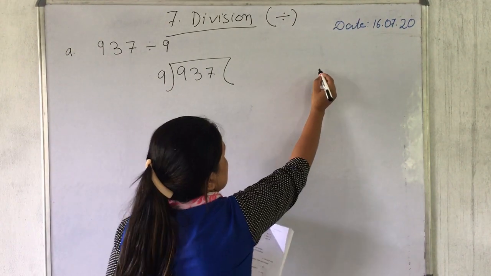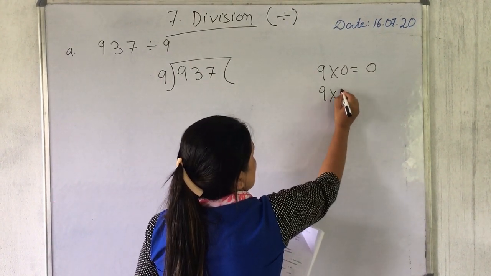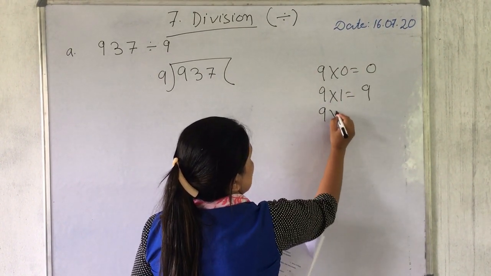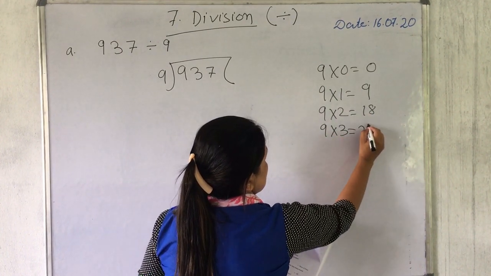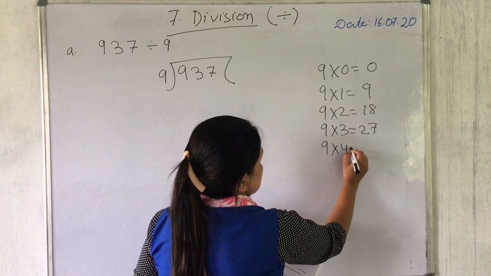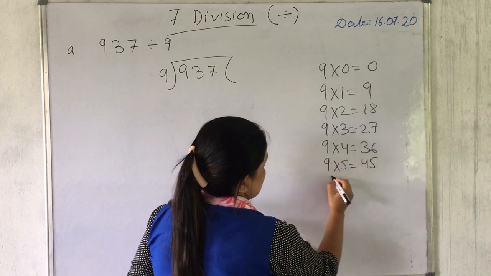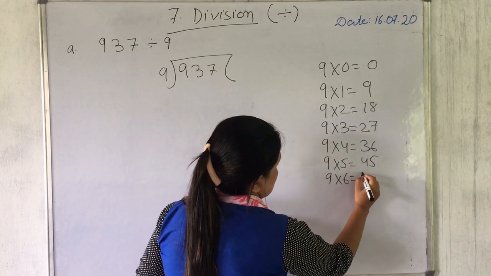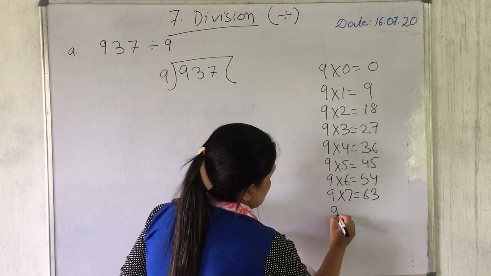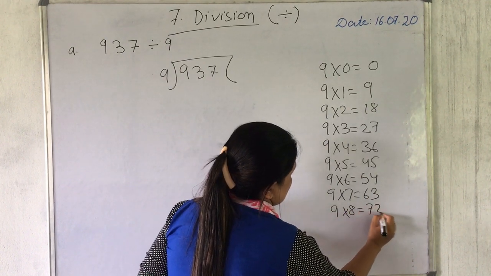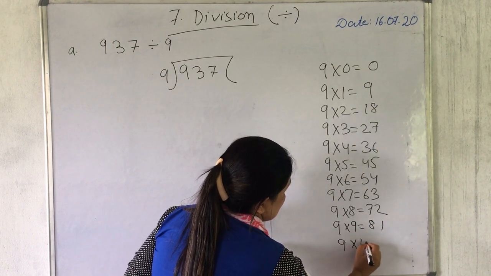So look here, write the table. 9 zeros are 0, 9 ones are 9, 9 twos are 72, 9 nines are 81, 9 tens are 90.